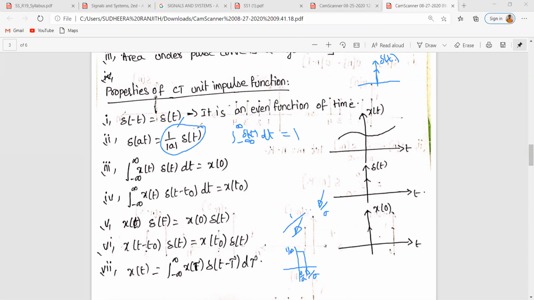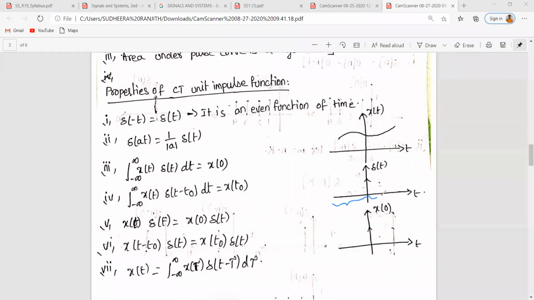First, before going to this one, let us discuss these two. x of t into delta of t. If we multiply these two signals, what will be the resultant? Delta of t is 0 from minus infinity to 0 and from 0 to infinity. So the product signal will not be defined in minus infinity to 0 and 0 to infinity, but it will be defined at t equals 0 because delta of t is defined at t equals 0.